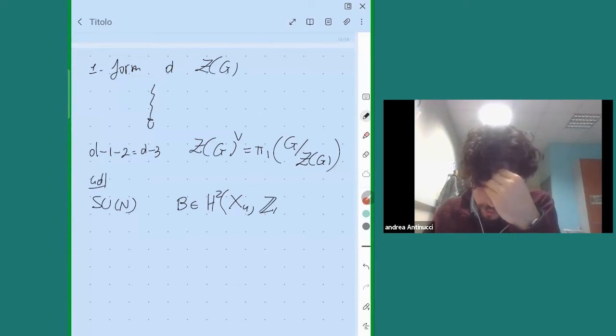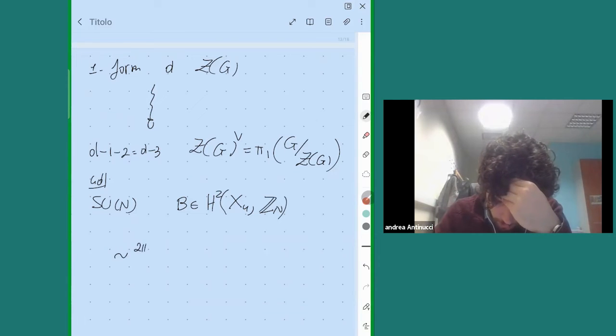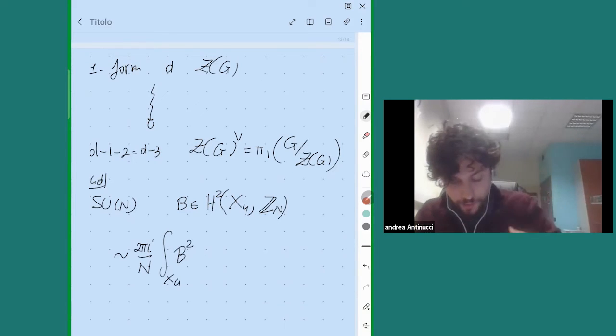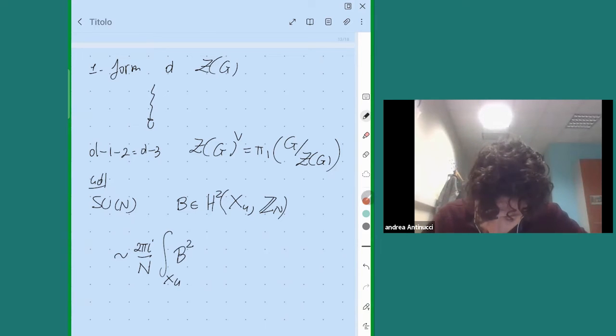So you want to gauge this one-form symmetry, and when you're gauging it, you can also modify your action by adding this kind of term, which is roughly speaking 2 pi r over N integral on your manifold of B squared. So B is a 2-form, you take the square, it is a 4-form, you can integrate over the manifold, and this is a discrete torsion.